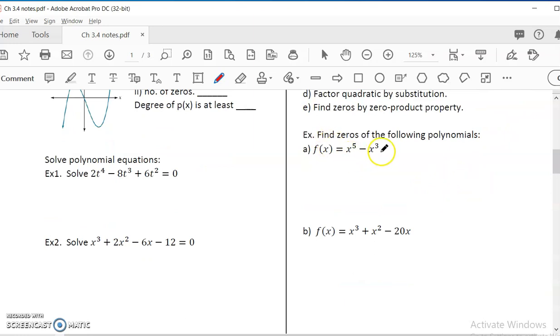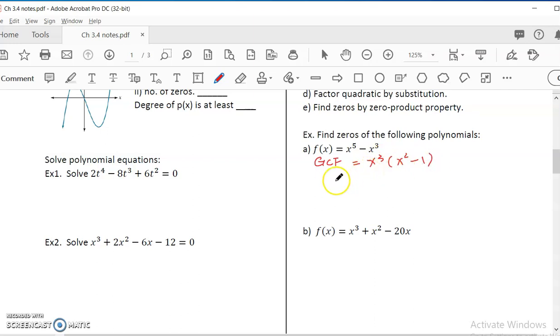The first one, I have 2 terms, but they are not a difference of 2 squares. So I will try to factor the GCF first, right? The GCF is x cubed, because x cubed is the common factor of both terms. After you factor out x cubed, x to the 5 becomes x squared, and x cubed becomes 1.